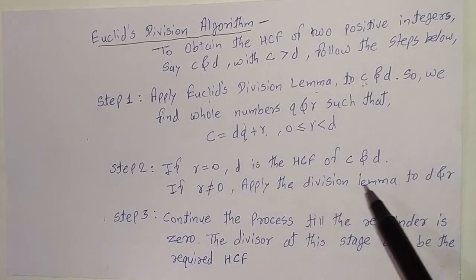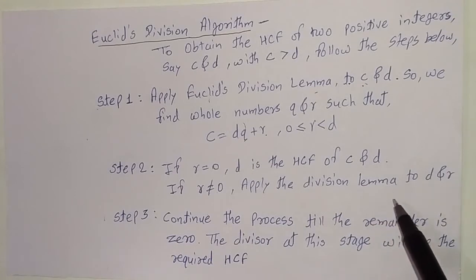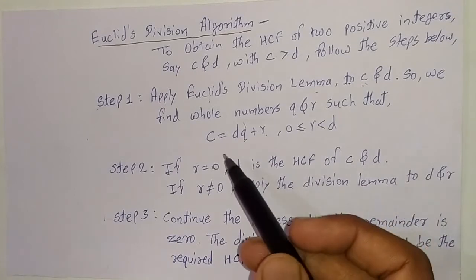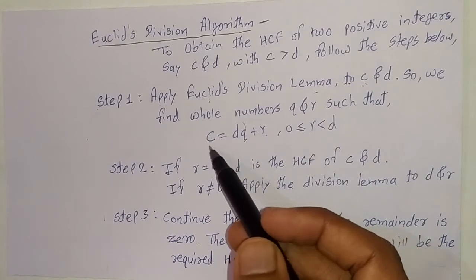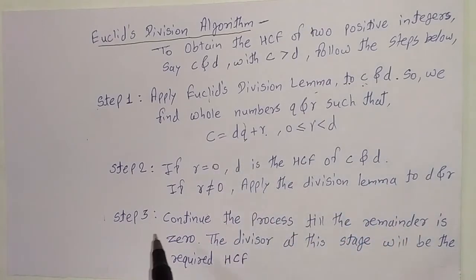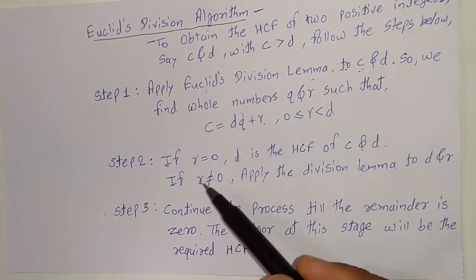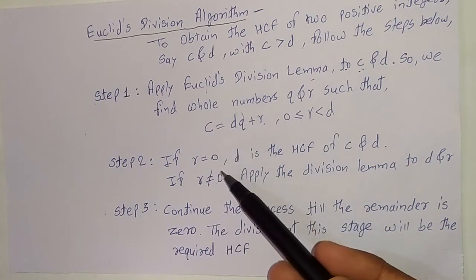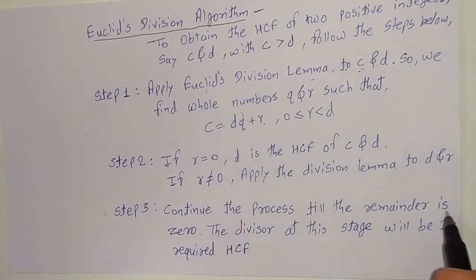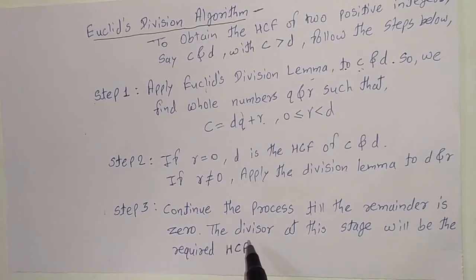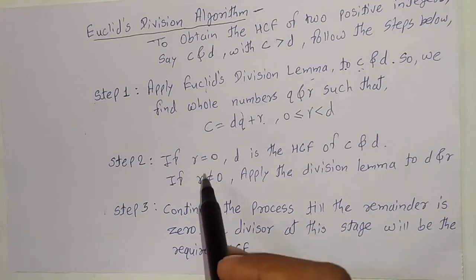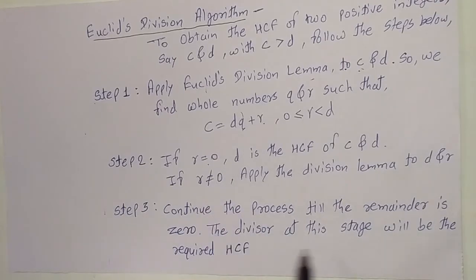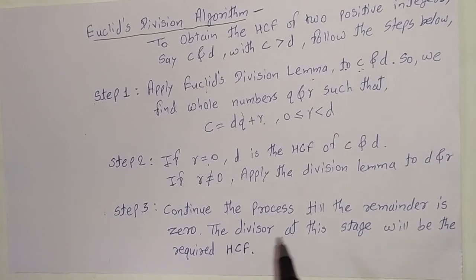So next time we apply Euclid's division lemma to D and R. There won't be any C in step 2. Steps 1 and 2 are continued until the remainder is 0.